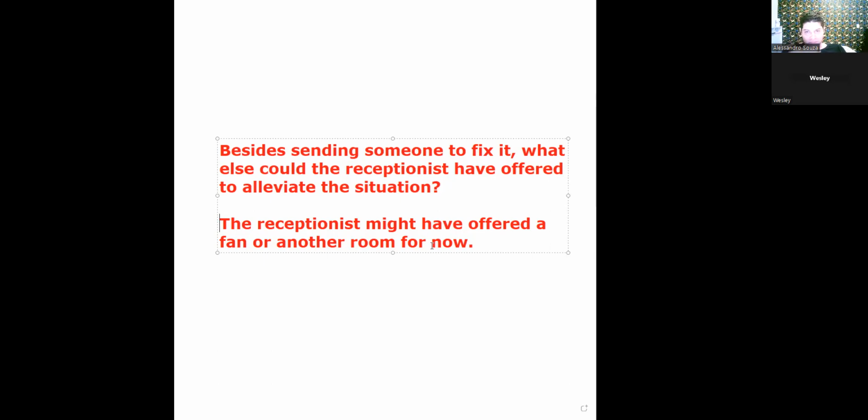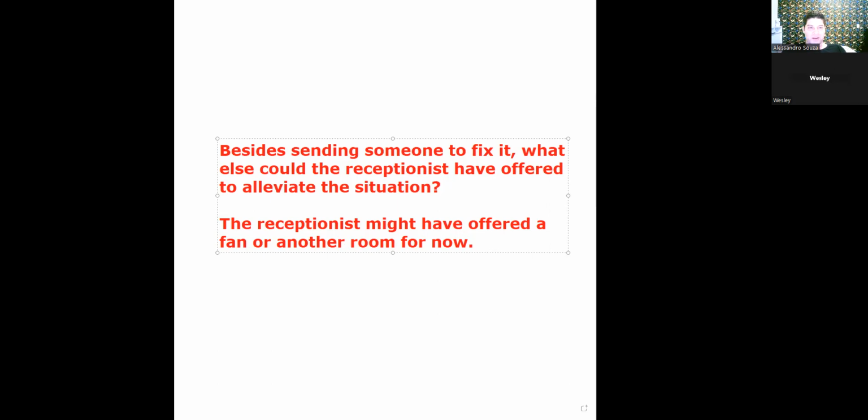Ou outro quarto por agora, né? Até resolver o BO. The receptionist might have offered a fan or another room for now. Yeah, poderia ter falar, não, vou te mandar um ventiladorzão aí.